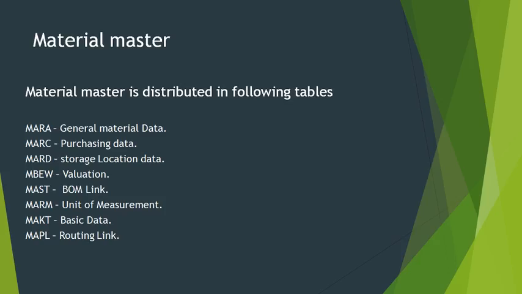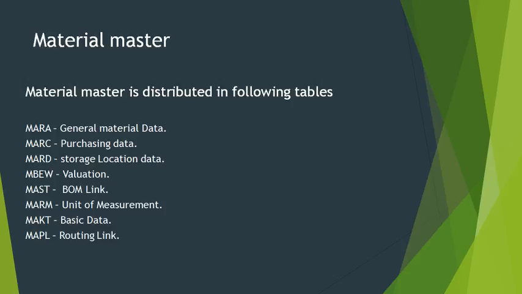Generally the material master has many tables. It contains a lot of tables, but these are the tables which a functional consultant should know. The material master is distributed in the following tables: MARA, which contains the general material data and descriptions, MARC, MARD.